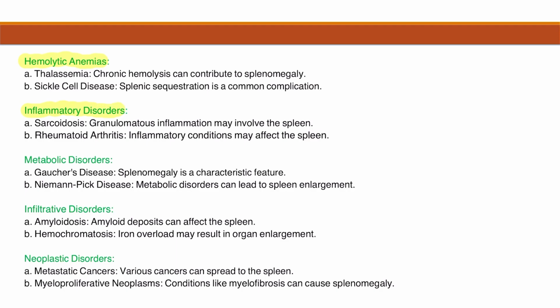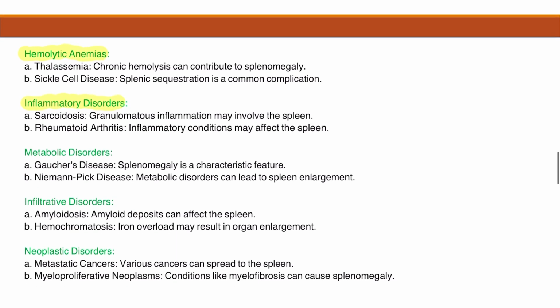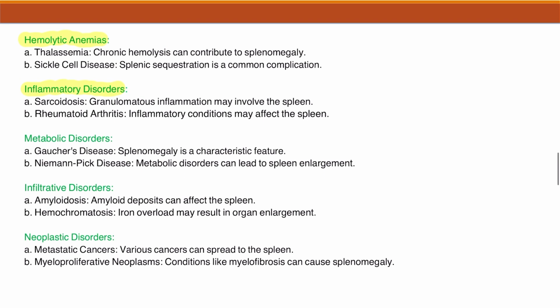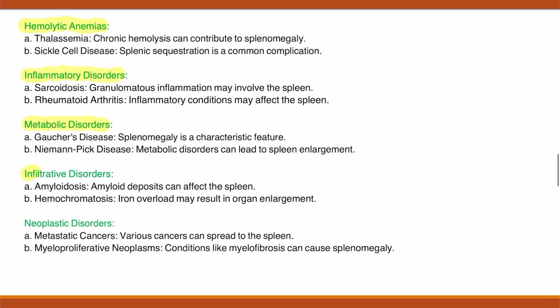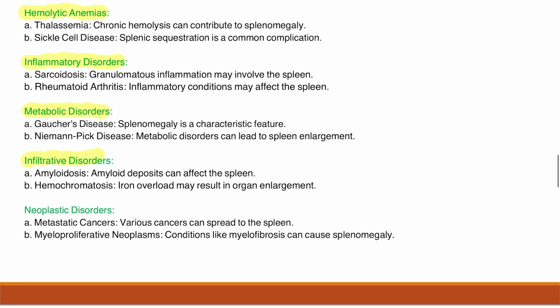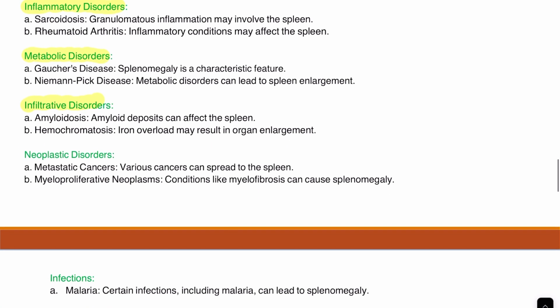Inflammatory disorders like sarcoidosis and rheumatoid arthritis. Metabolic disorders: in Gaucher's disease, splenomegaly is a characteristic feature, and then there is Niemann-Pick disease. Infiltrative disorders like amyloidosis, where amyloid deposits can affect the spleen. Hemochromatosis, iron overload, may also result in organ enlargement.